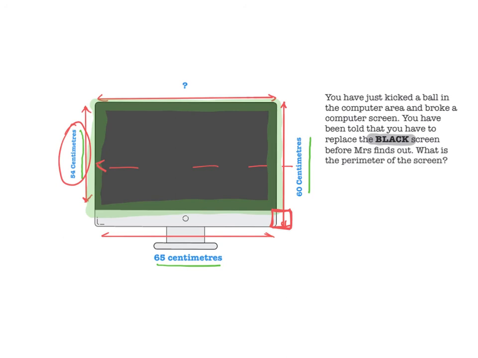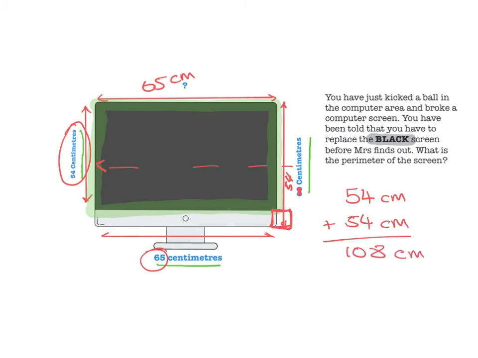So 54 centimeters. That's not 60. That is 54. Down here 65. That's all the way across. And we want to go all the way across up here. So this will also be 65 centimeters. So let's add it all up now. 54 centimeters add 54 centimeters equals 108 centimeters.